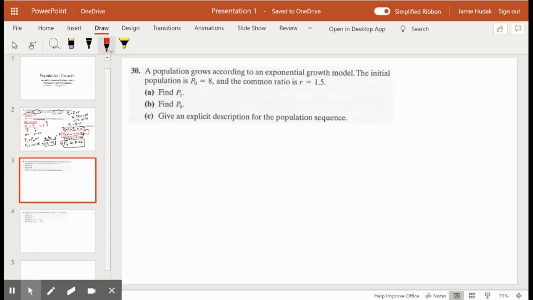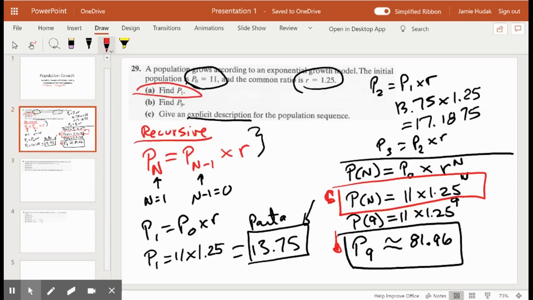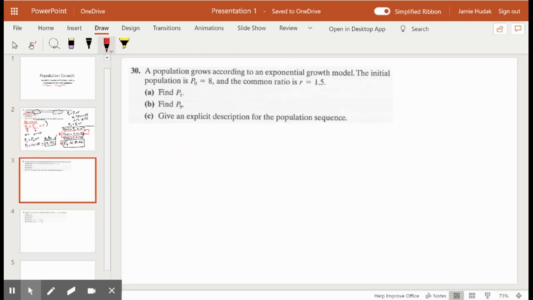So here's our next example from the textbook. You can pause it here, work them out yourself, see if you get the answer, and then compare it to mine. Use the steps that we used from the previous slide. You want to practice both recursion and explicit.